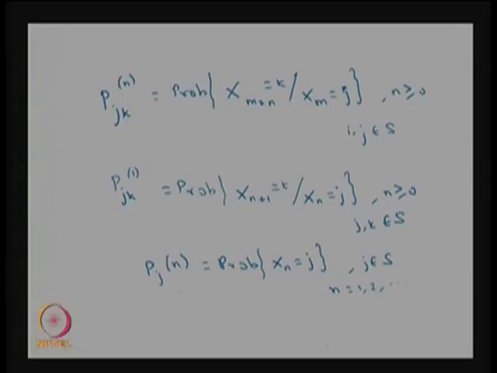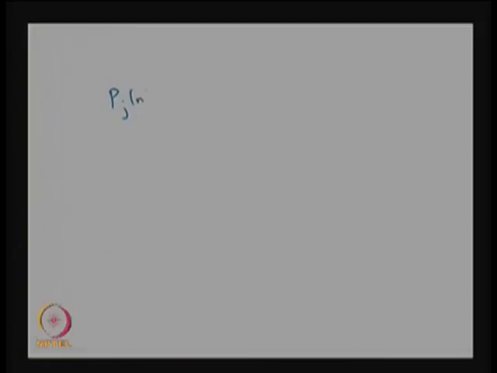How are we going to find this distribution? It can be written as p_j of n, which is the summation over i belonging to S of the probability that the system was in the state i at the 0th step, multiplied by the probability that it will be in the state j given that it was in the state i at the 0th step.